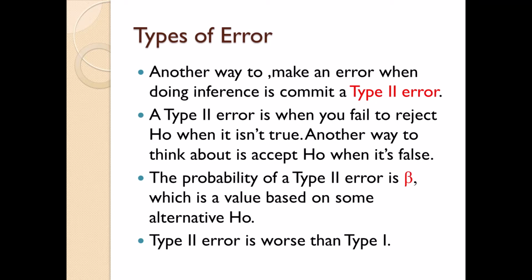So if you have a power plant, I always use this example, and you think that it's running at correct settings when in fact it's spiraling out of control, you're just going to go sit down and eat donuts thinking everything is fine while your plant is melting down. So a type 2 error is worse than type 1. Type 1 error is not great, but type 2 error is worse.